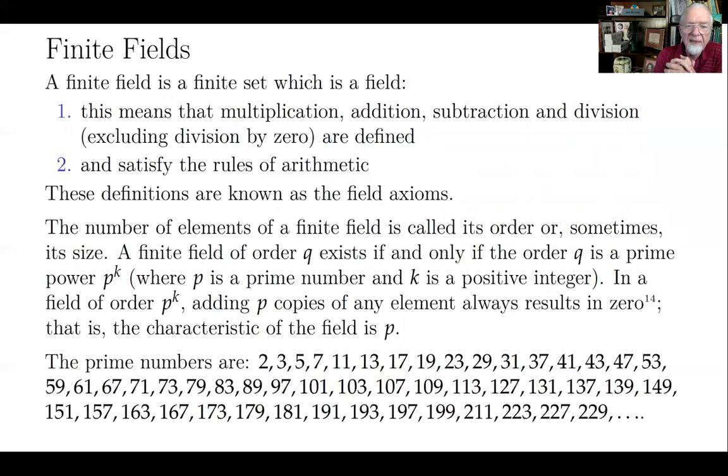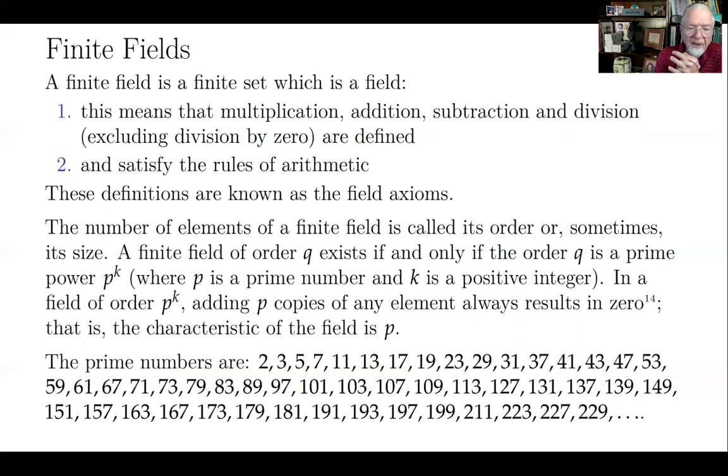So this means that addition, subtraction, multiplication, division, excluding division by 0, are defined and satisfy the rules of arithmetic. Those are the definitions known as the field axioms. And the number of elements of the finite field is called its order, or sometimes its size.